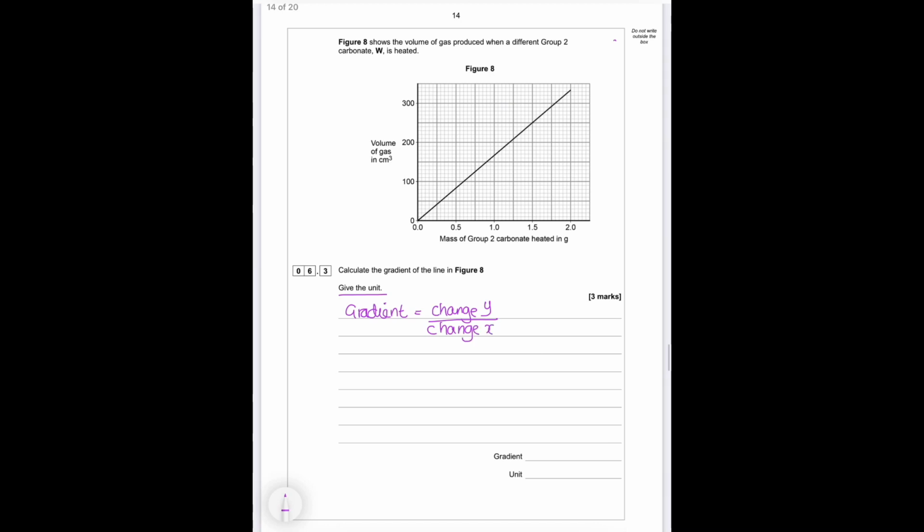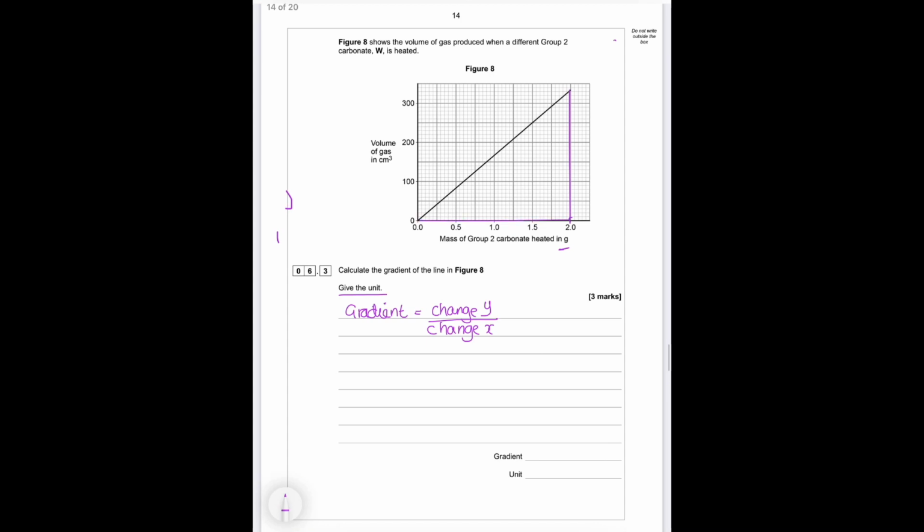And if we use our graph here, to make it as easy as possible, I'm going to use the mass of group 2 carbonate in grams at 2, because I just think that's the easiest one to use. So I draw a line from there, and then obviously we have our line at the bottom there as well.